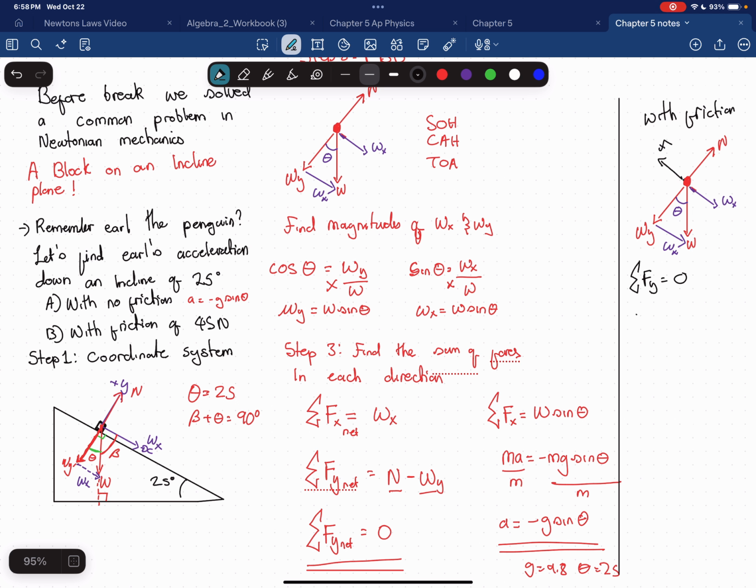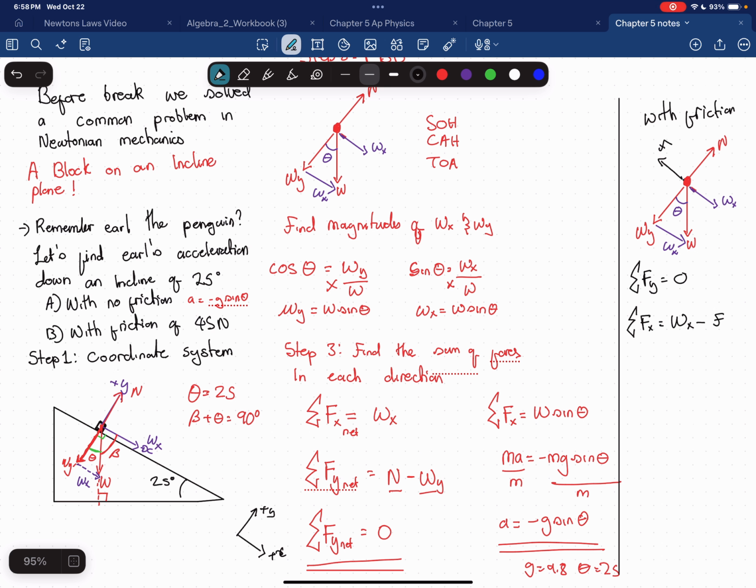But the sum of forces in the x direction is the weight x. Now you see friction is pointing in the negative side. If you go back to our coordinate system, we have a positive y that way and a negative y that way. We see that friction is pointing to the opposite side, so it's going to be a minus f.